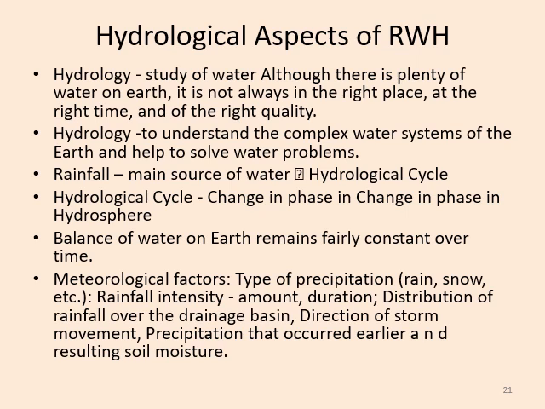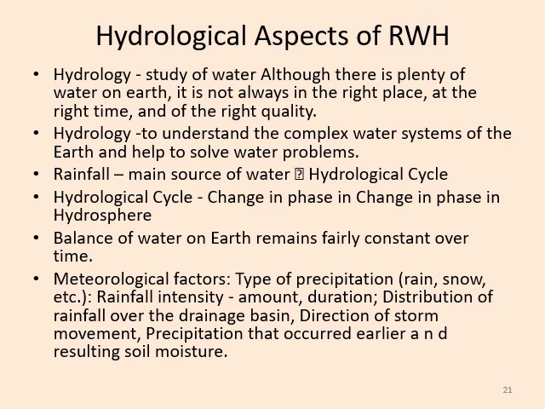Meteorological factors matter, because rainfall is the most important thing for any rainwater harvesting technique. These include the type of precipitation, rainfall intensity, amount, duration, distribution of rainfall over the catchment area, direction of storm movement, and precipitation that occurred earlier, which determines the soil moisture content.